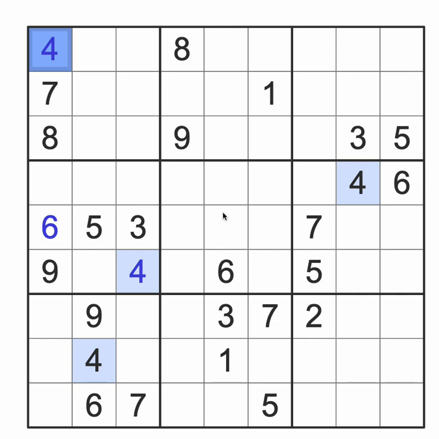And now I guess there should be, but I don't see any singles, so let's move on to look for doubles. I can see a double in box 8. I'm looking at box 8 and column 4. Column 4 has 8 and 9, which have not been placed in box 8.